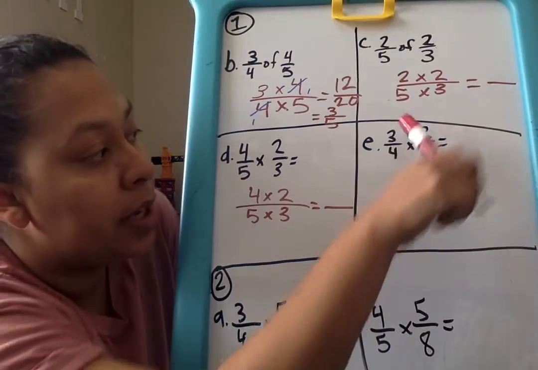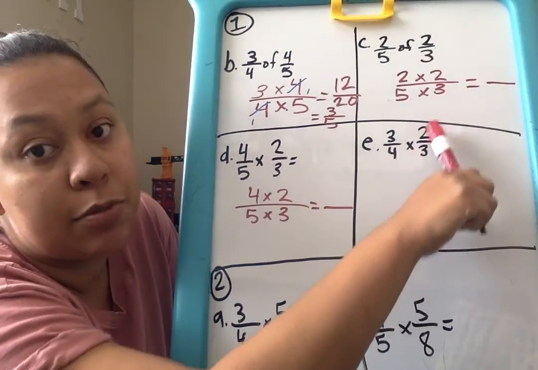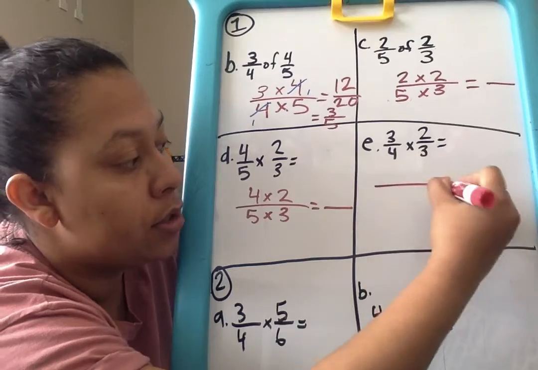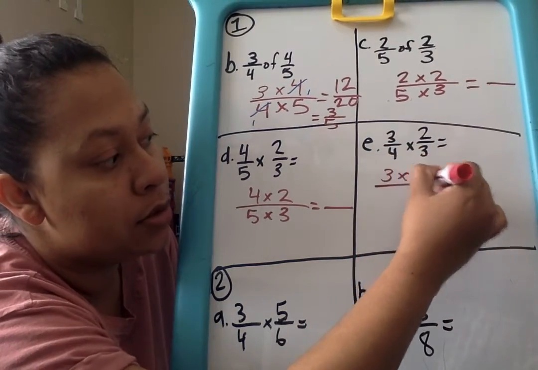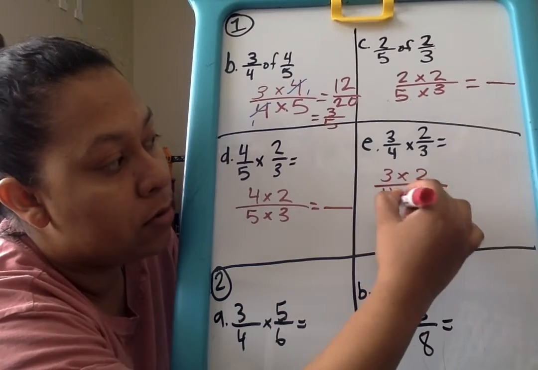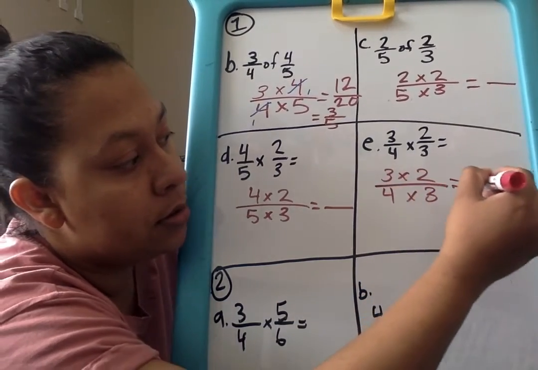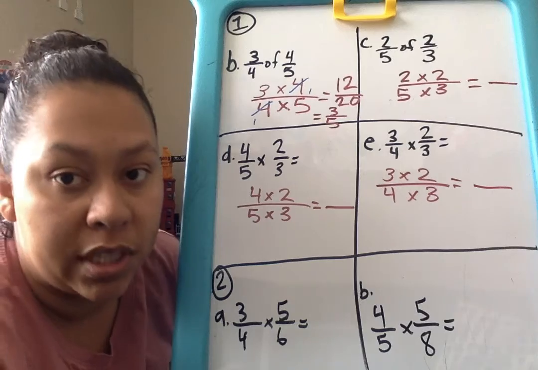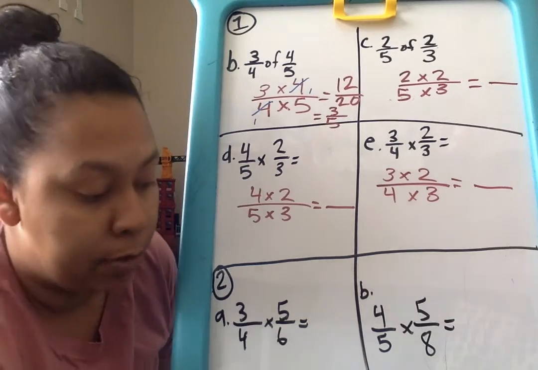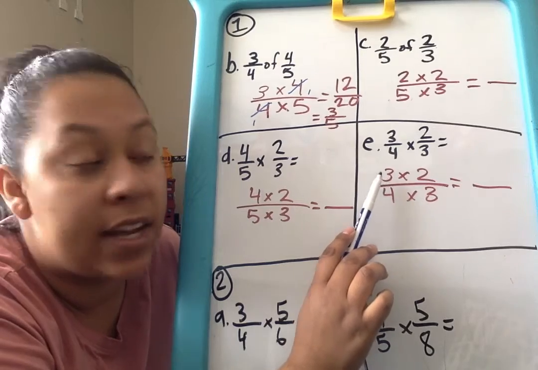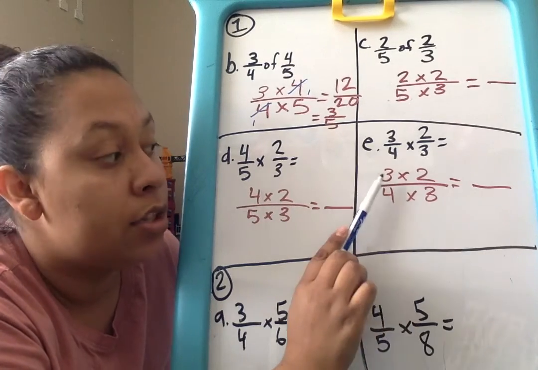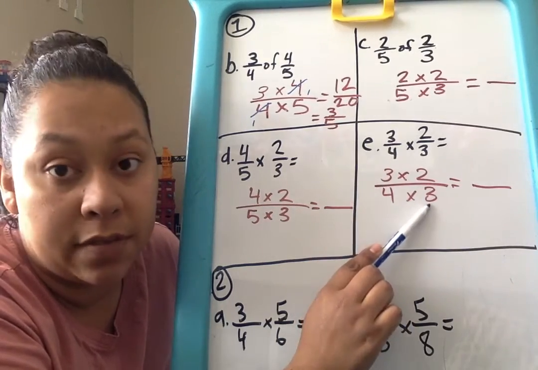So now E, we have 3/4 times 2/3. So let's write it as one whole fraction equation. So 3 times 2, and then fourths times thirds, and then plug in your answers. You also can simplify. So we would simplify by dividing diagonally across. So 3 can be divided by 3, 3 can be divided by 3.